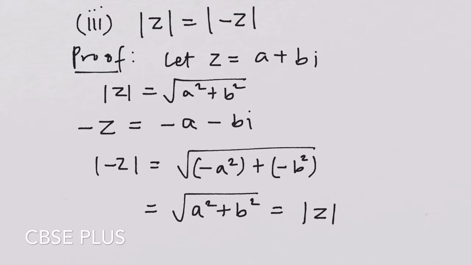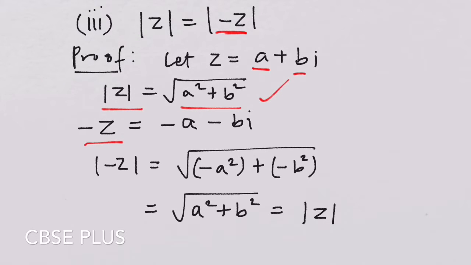Now the third property here is that the modulus of a complex number is equal to the modulus of the negative of the complex number. So let's prove this. Let z is equal to a plus b iota be a complex number. Then modulus of z is equal to under root a square plus b square, already defined. So now the negative of a complex number is actually changing the sign of a and b.